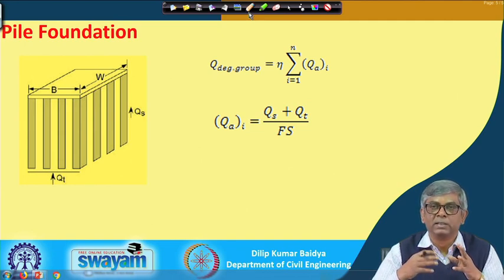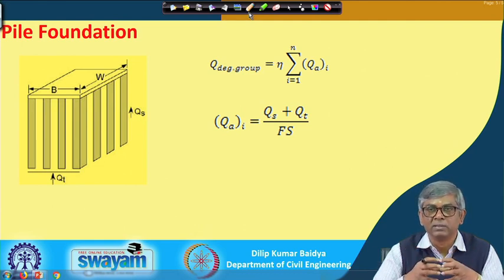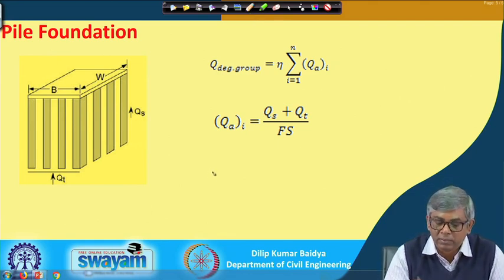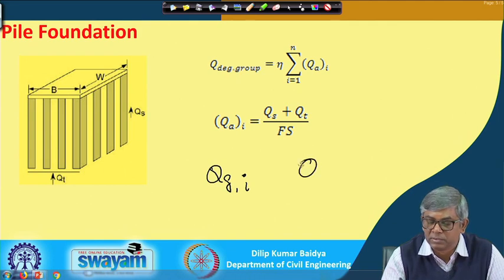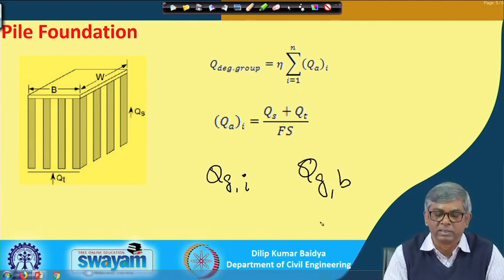One way is efficiency multiplied by individual pile capacity multiplied by number of piles, which is based on individual pile failure. Another way is to consider it as a block, which is block capacity. So, group capacity can be Q G based on individual pile failure and Q G based on block failure.